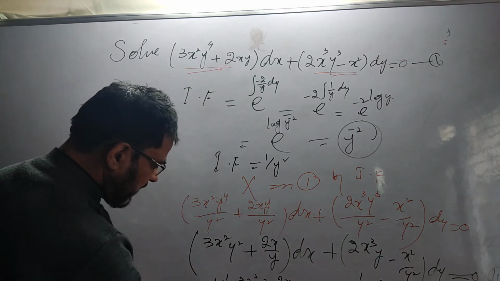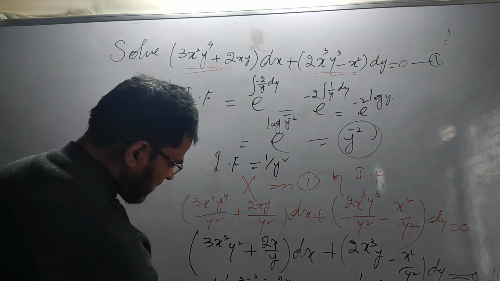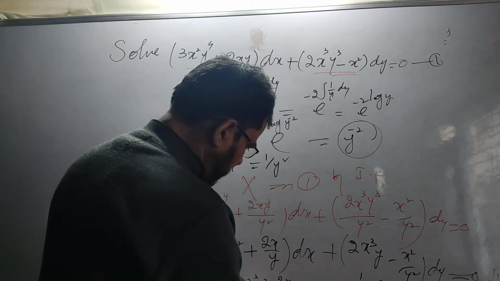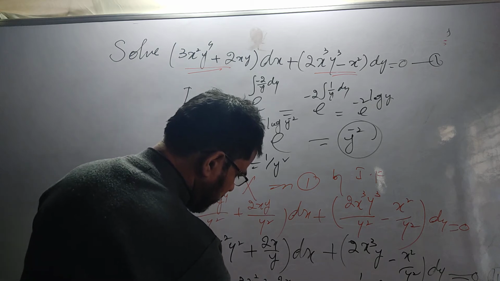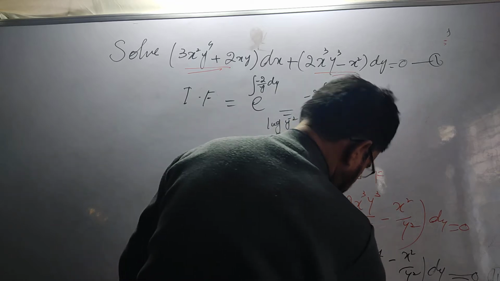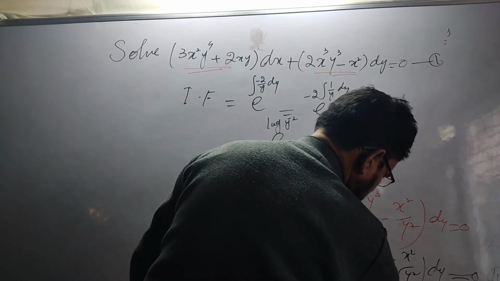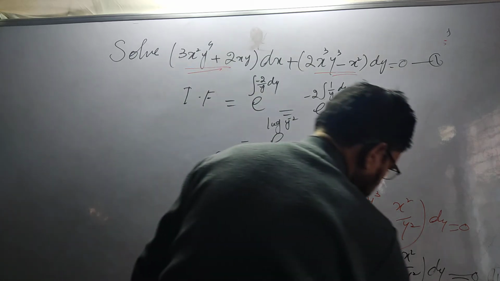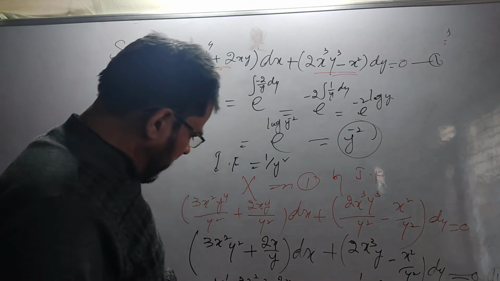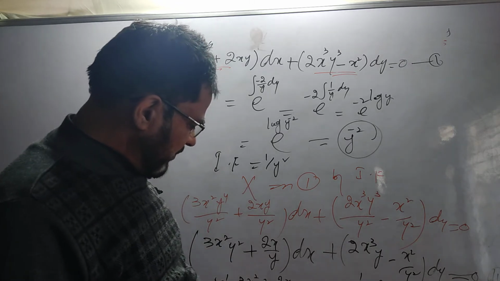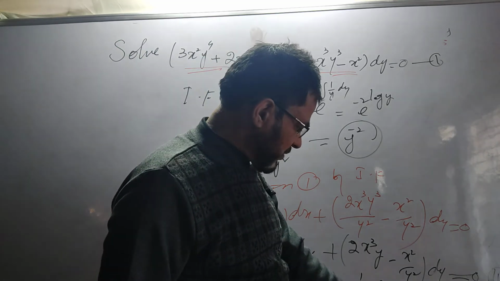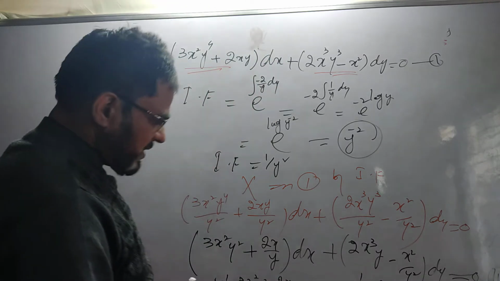Let us find out the partial derivative of M dash with respect to y. What does this come out to be? This is 6x square y, then the derivative of 1 by y is minus 2x by y square. Here, the partial derivative of N dash with respect to x: it is 6x square y minus 2x by y square.